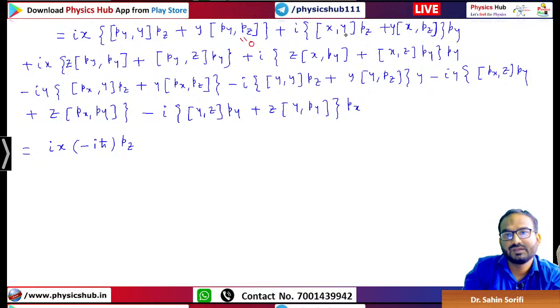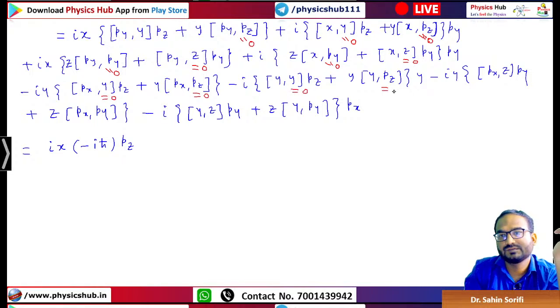This term is 0. x y is there, so it is 0. x pz, they do not commute, so this is also 0. py pz, this is also 0. py z, this is also 0. x py, this will come. x py, this is also 0. x z, this is also 0. y px, this is also 0. px pz also 0. y y, this is 0. y pz, this is 0. px z, this is 0, px py, this is also 0, y z, this is also 0. So what are you left with?